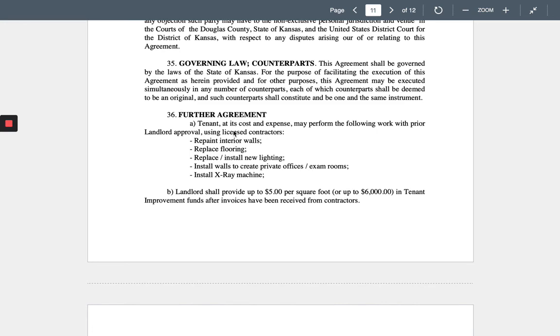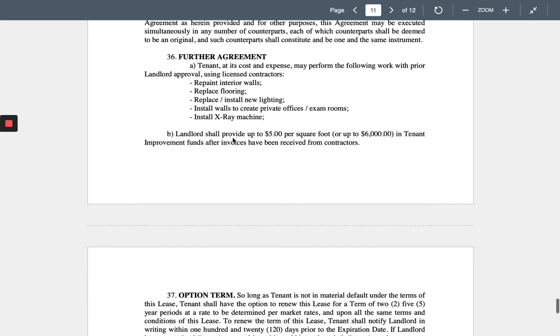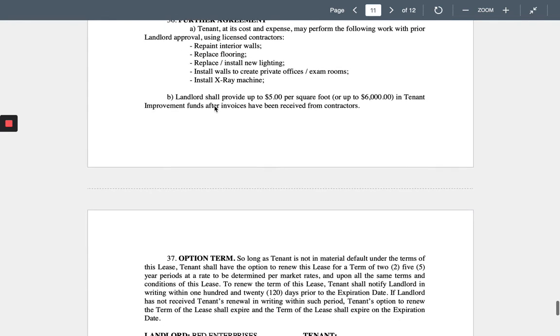Further agreement. All the things that the tenant is going to do at their own expense. So they're going to do some repainting for you. So this is not on the landlord, and that's making it very clear. You'll find that in tough financial times, it's just supply and demand, right?